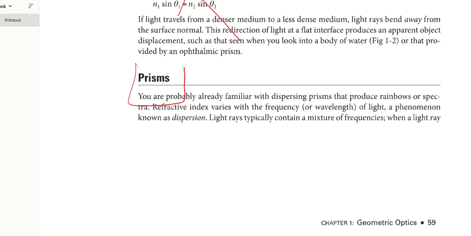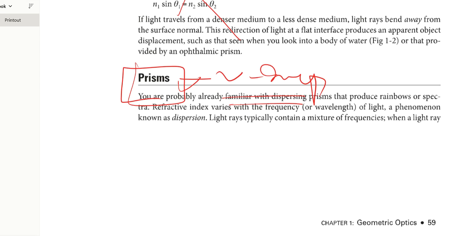Prisms, very important, okay. You have to read in detail about prisms. Also read from Elkington. There will be many questions asked about the prisms in the paper.